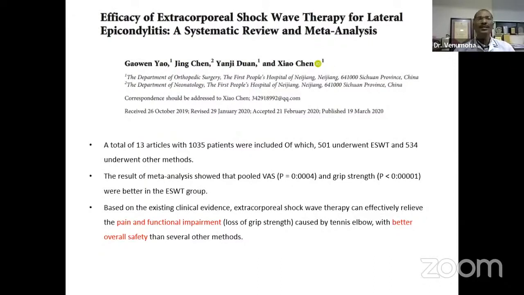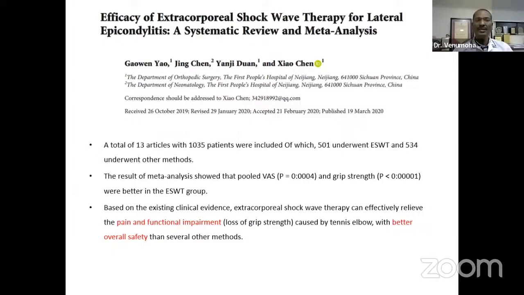In another study on the efficacy of shockwave therapy for lateral epicondylitis, a systematic review and meta-analysis done by Gouwen Yao and the team, 13 articles and 1,035 patients were included, of which 501 underwent extracorporeal shockwave and 534 underwent other treatments.